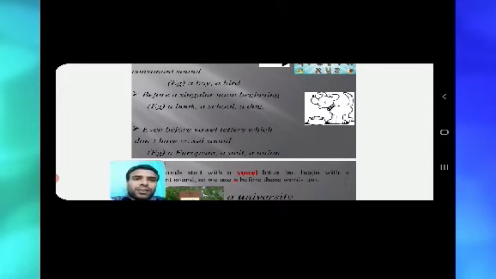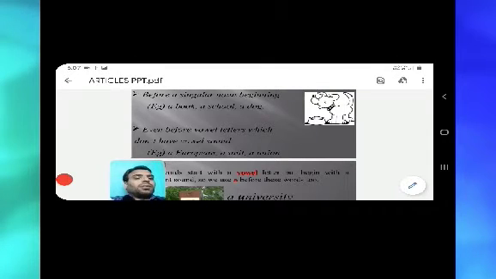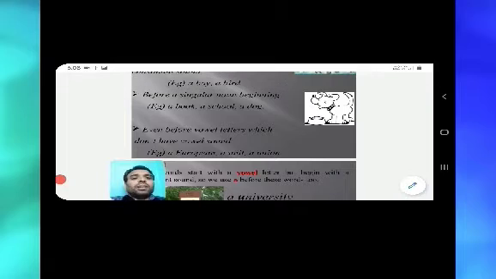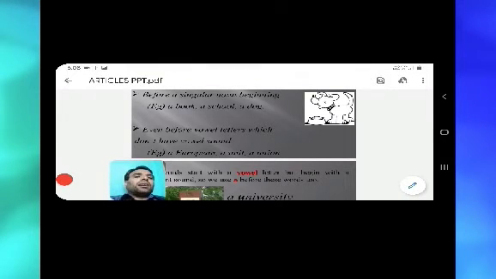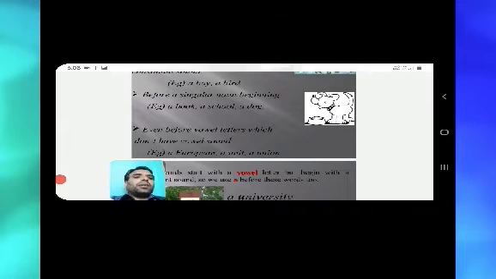Even though it is a vowel letter, sometimes it will not sound as a vowel. So that's why we can use a. For example, a European, a unit, a union.